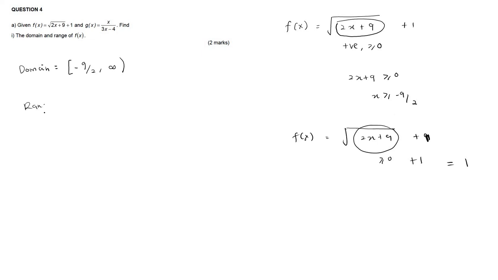Jadi our range, the answer will start from 1 to positive infinity. Kita takkan dapat jawapan yang kurang daripada 1, sebab kat depan ni akan sentiasa positif, paling kecil kosong. Tapi ada tambah 1, kosong tambah 1, 1. That is our domain and range.